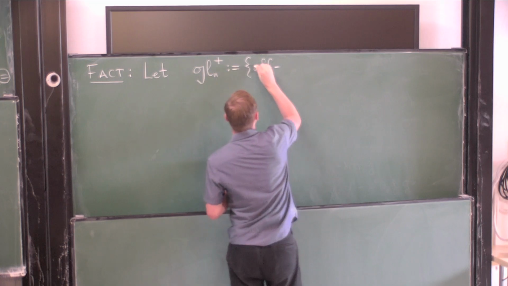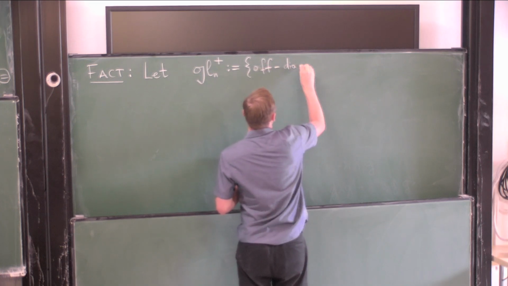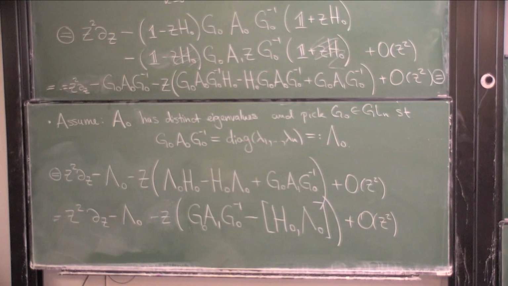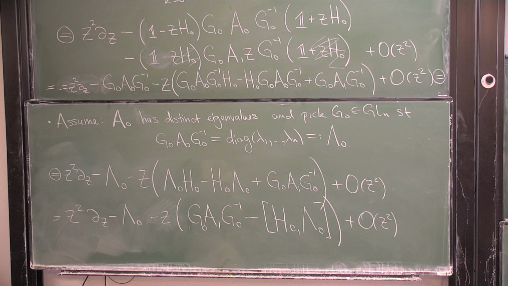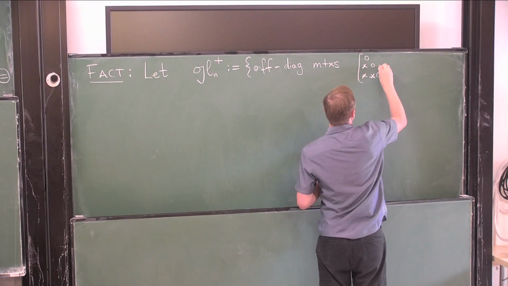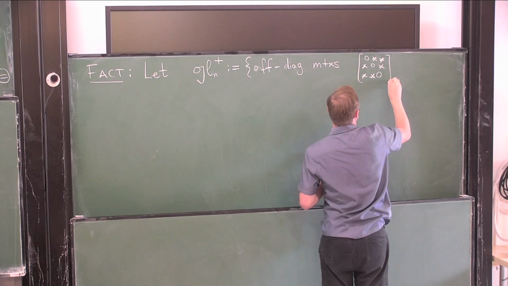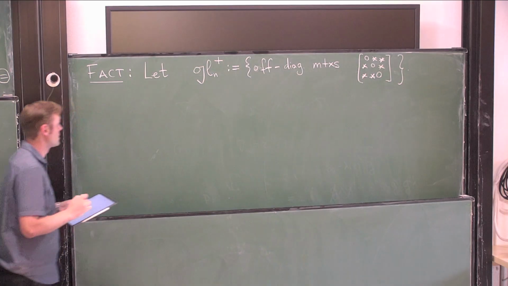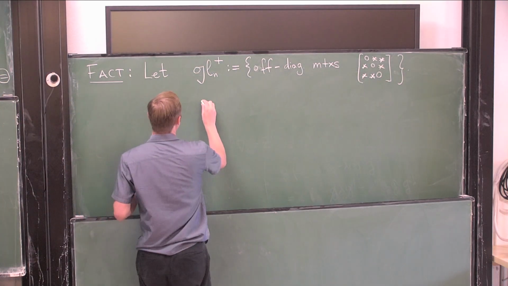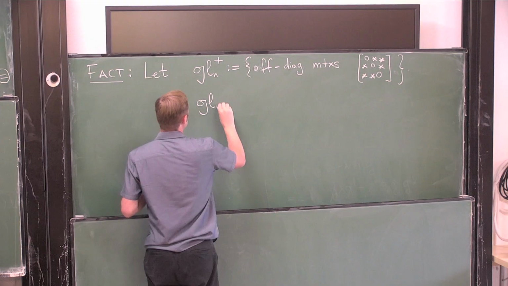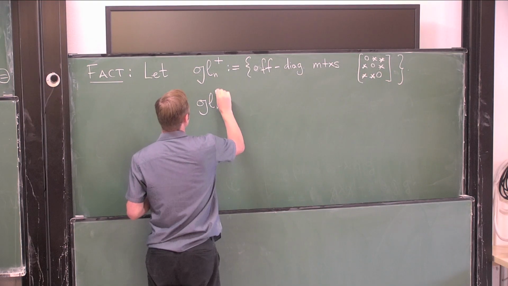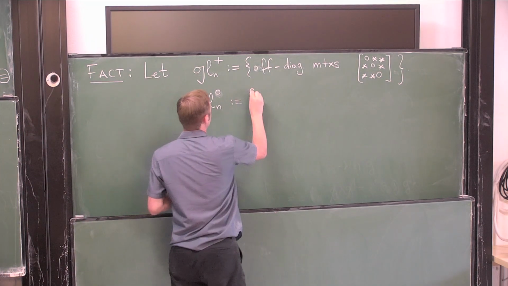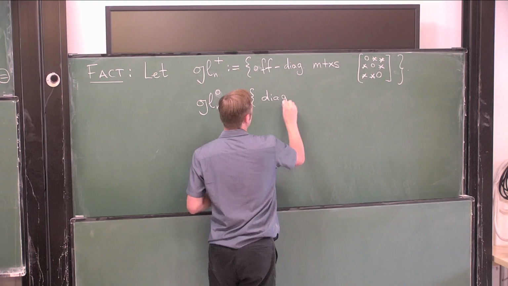It's a subvector space, meaning that they have zeros on the diagonal and stuff everywhere else. So that's a vector subspace. And complementary to it is the subspace of diagonal matrices, which I'll put a 0 superscript. So these are diagonal matrices.